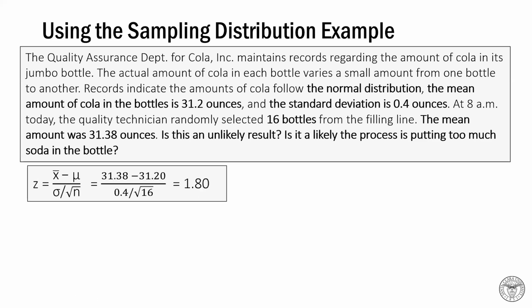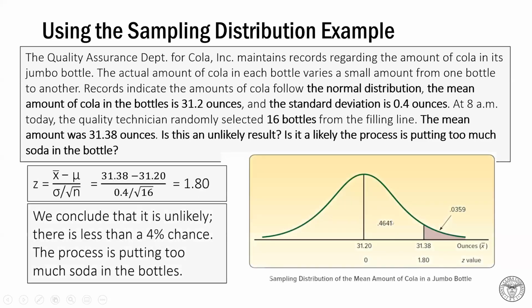Based on the Z table, we find the probability of 0.4641 in this area, which suggests that the chance to have a mean higher than 31.38 is 0.5 minus 0.4641 equal to 0.0359.